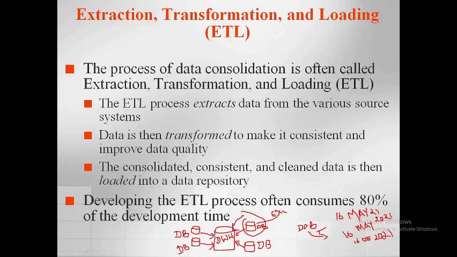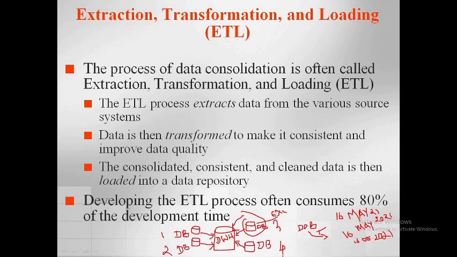Before transferring into the data warehouse, we need to transform it. Transformation means we need to make it into a single, simple, same format. The date format coming from this database and that database are in different formats: these are using the first format, these the second, these the third, and if another, a fourth format.